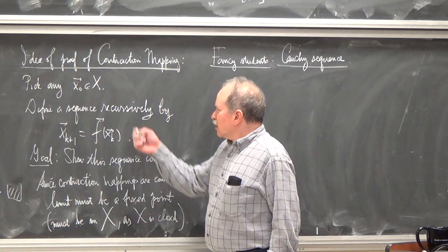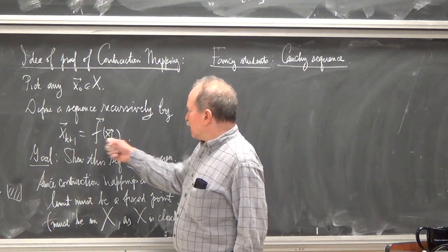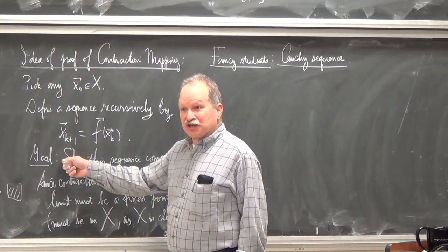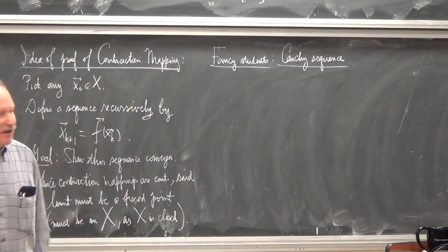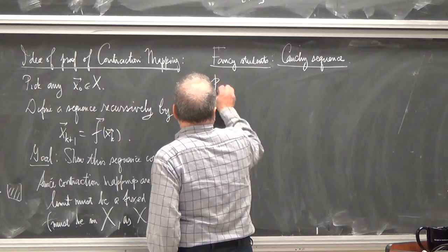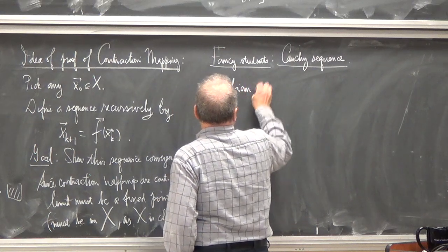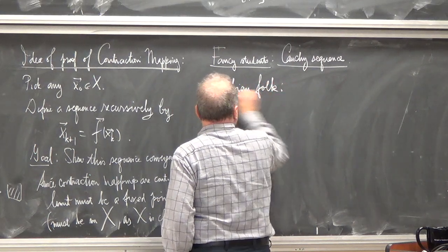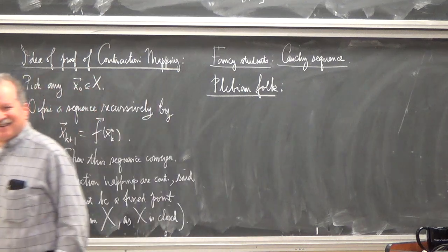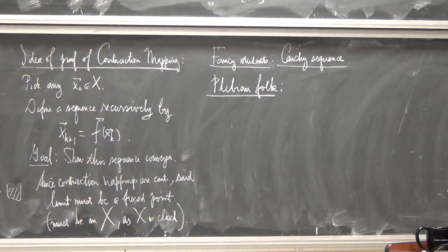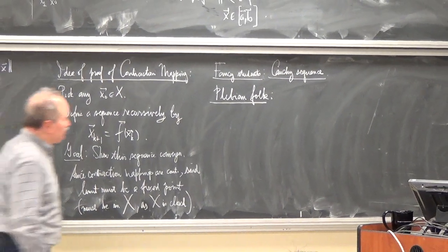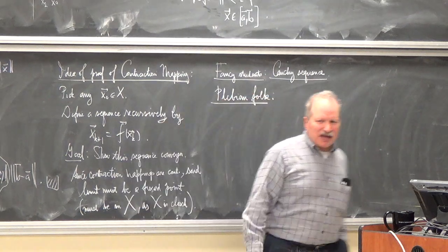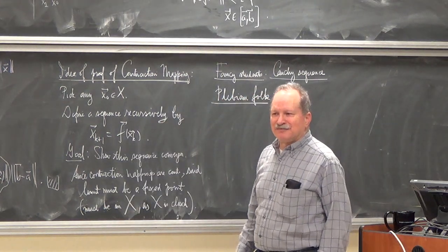What you can show is that because f is a contraction mapping, this sequence is going to be Cauchy, and then because X is closed, that means it has to converge. For the rest of us, I'm going to not use that. Now everybody should aspire to be fancy and actually learn how to use the Cauchy stuff, but I'm going to give you a more plebeian proof that's based on something from Calc 2.